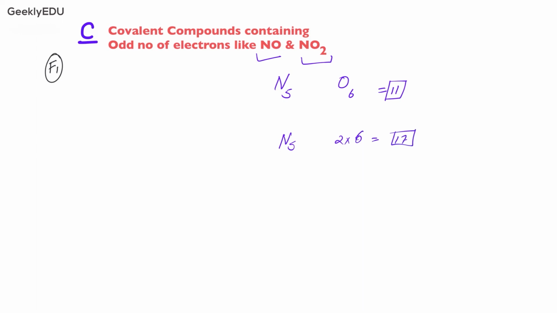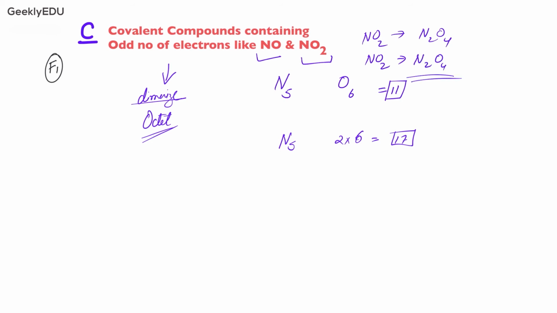Hence, they will never be able to have a perfect formula just like the others, right? Most of the cases, compounds like these dimerize, and when they dimerize, they can easily satisfy the octet. So your NO2 dimerizes to N2O4 very easily.